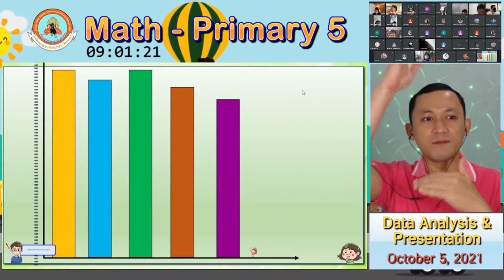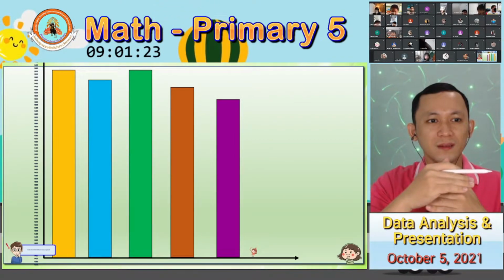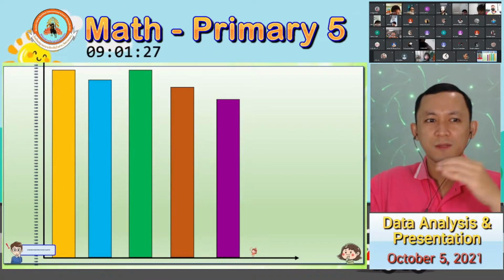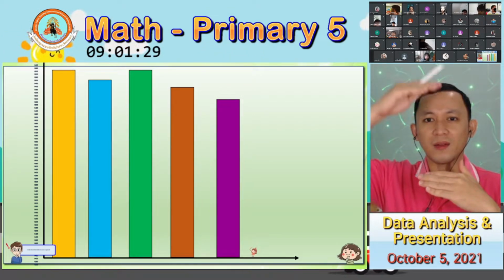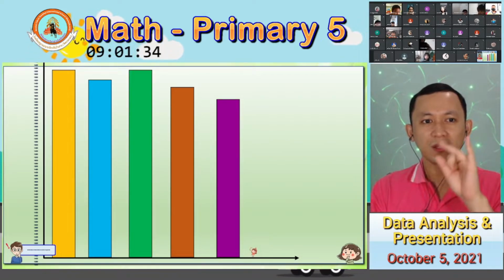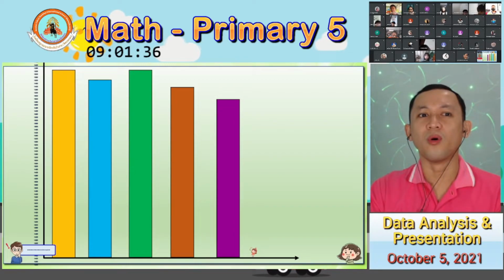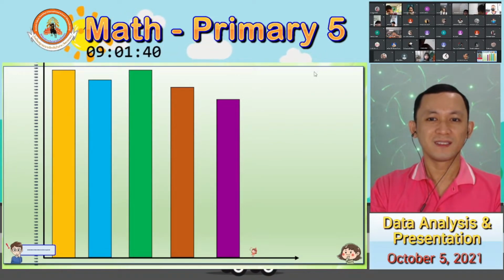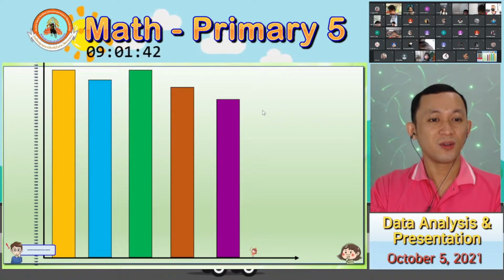The number is very big. If we use 50 it is very long: 0, 50, 100, 150, 200, it is still not enough. What do we do?